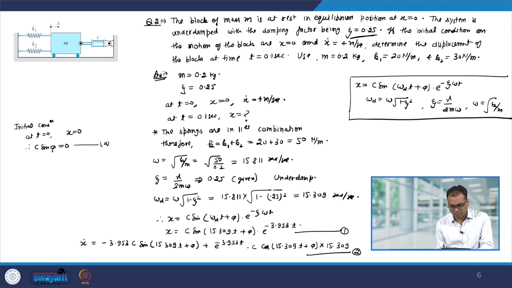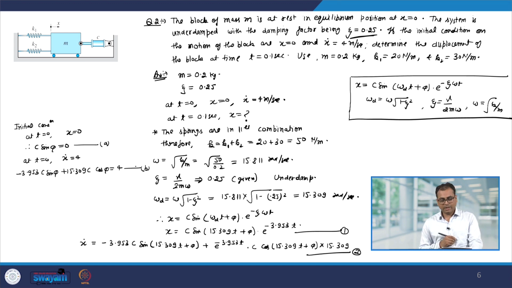Let me call this equation number A. At t equal to 0, x dot is equal to 4. Let us put that in equation number 2. So, we have minus 3.953 c sin phi plus 15.309 c into cos phi equal to 4. Let us call this equation number B.